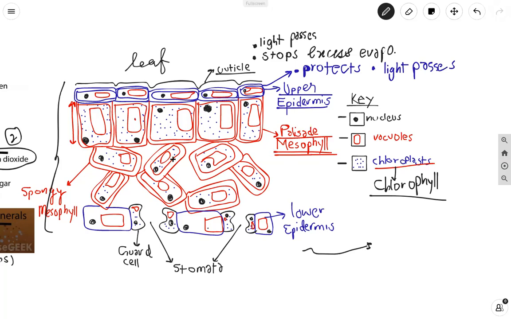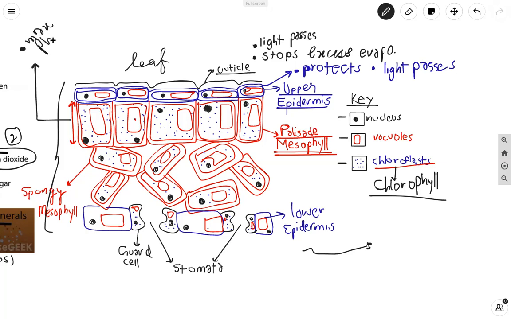Now moving on, we have the spongy mesophyll. Unlike the palisade mesophyll, which is very well structured for maximum photosynthesis, it is elongated, so maximum photosynthesis can really take place in the palisade mesophyll.